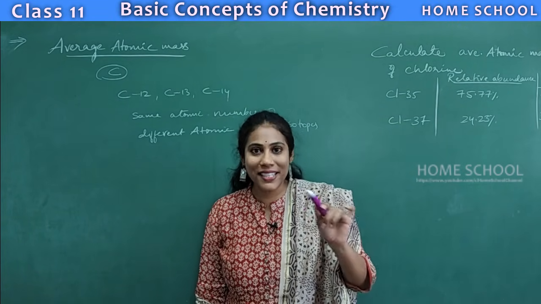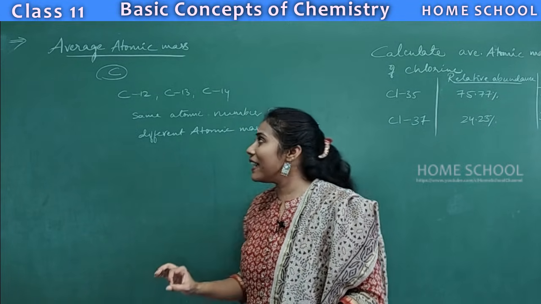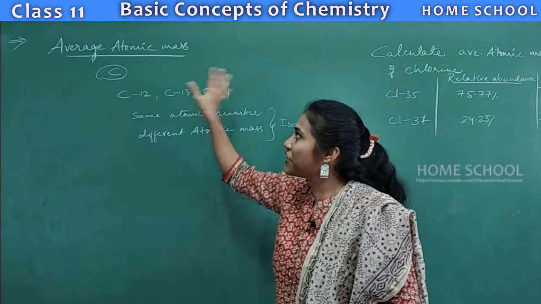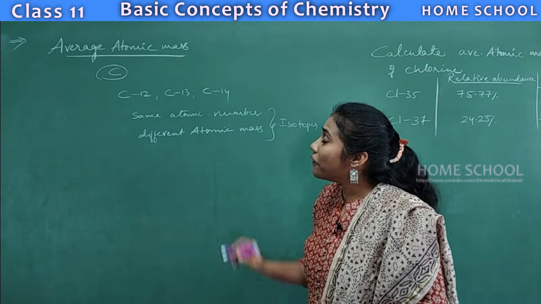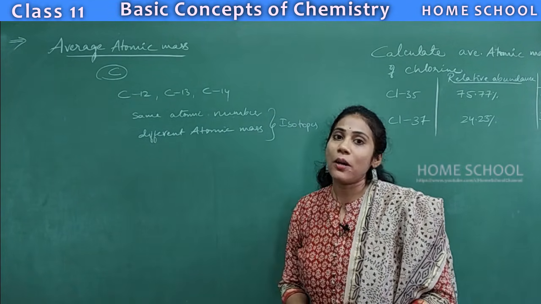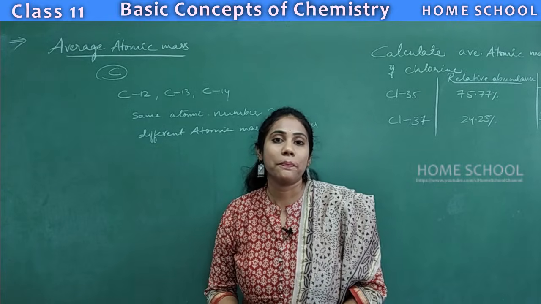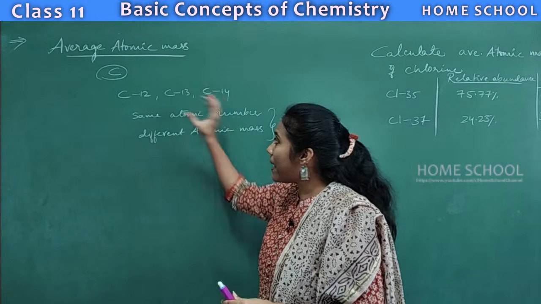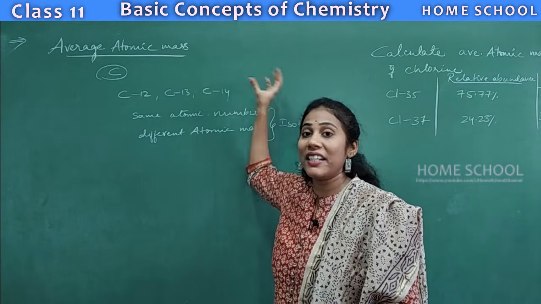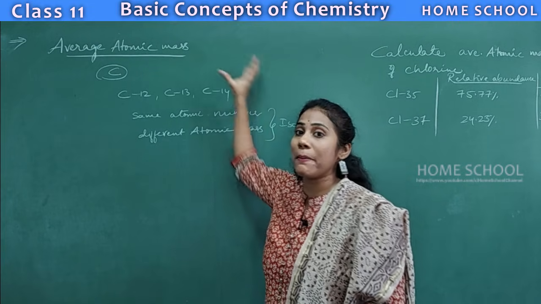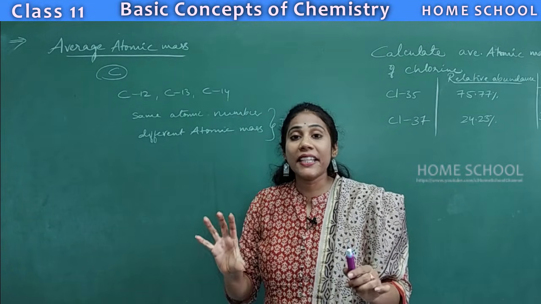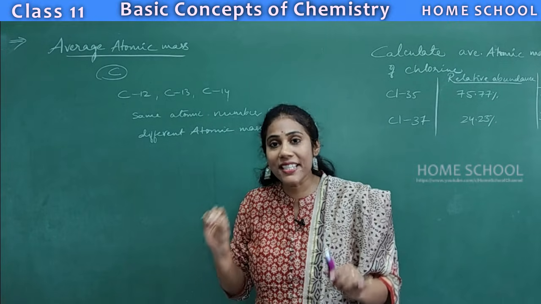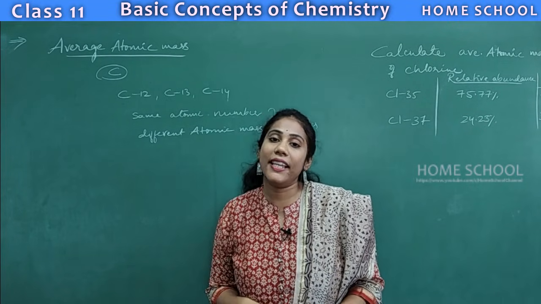To solve this issue, we have something called average atomic mass. And you know what? We calculate average atomic mass with a particular formula. We are not taking the atomic mass of one particular form. We are taking the average atomic mass considering all three forms, and that is the atomic mass we consider for the element.